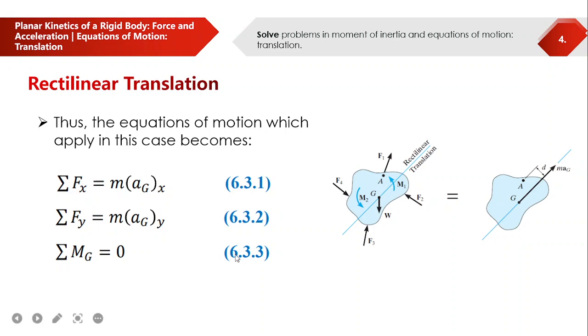When you're riding a boat, or putting a car on a straight line path, or a rocket, straight line paths, then simply you can have the sum of all forces along x equal to mass times the x component of acceleration of G, and also the y component, and the moment is just zero because you have no angular acceleration coming from rectilinear translation.